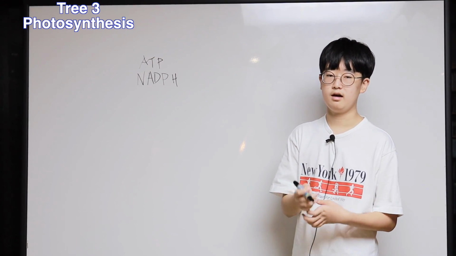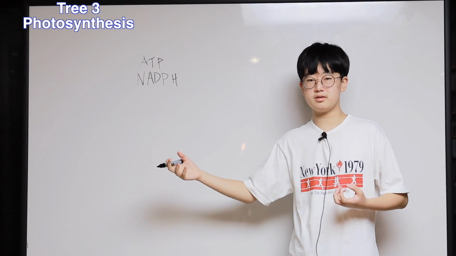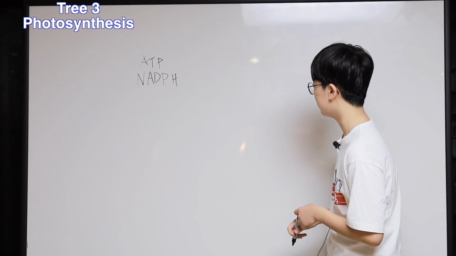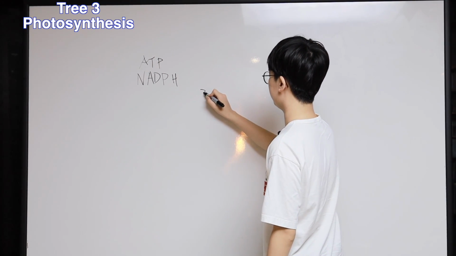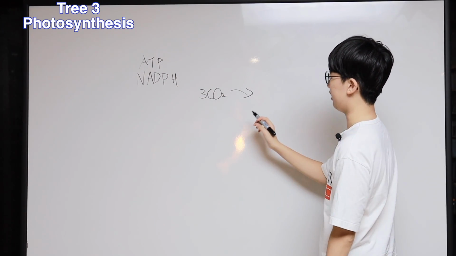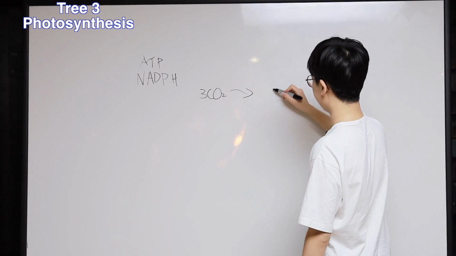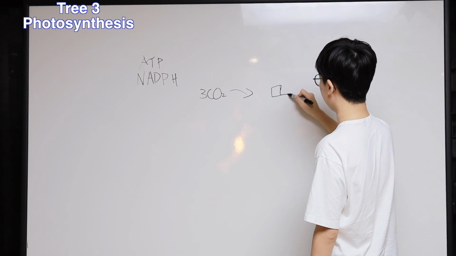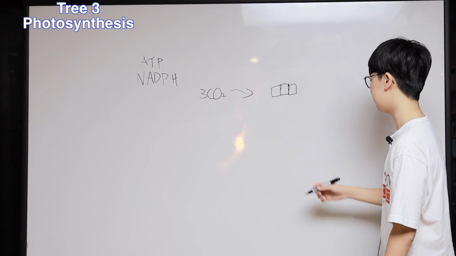This is another very important cycle, like the Krebs cycle. Firstly, it starts off with 3 CO2. 3 CO2 molecules come in from there and meet some Rubisco enzymes. Let's say those are the Rubisco enzymes.